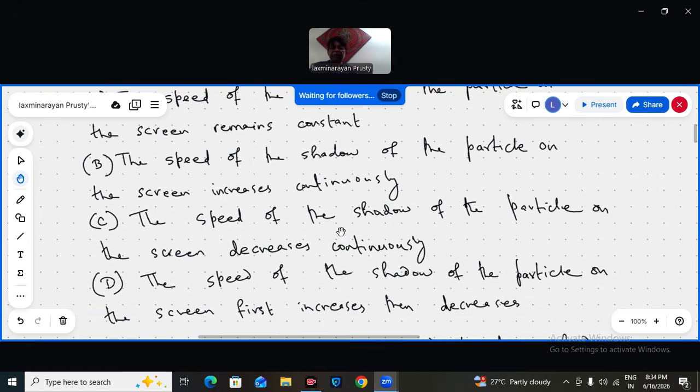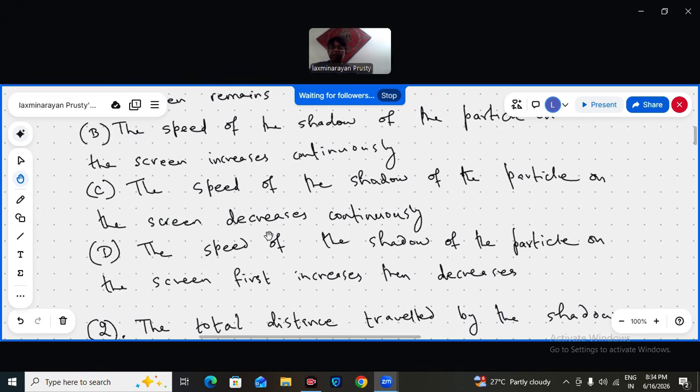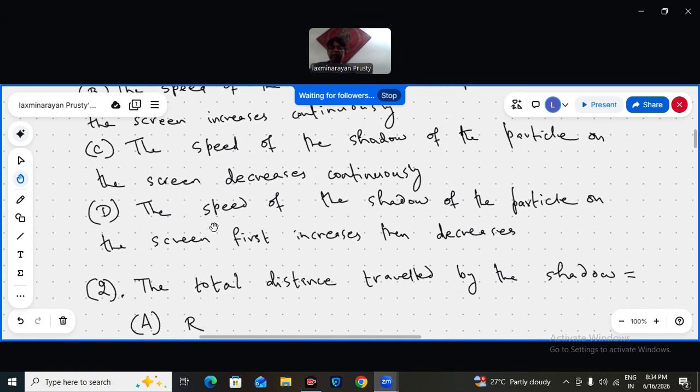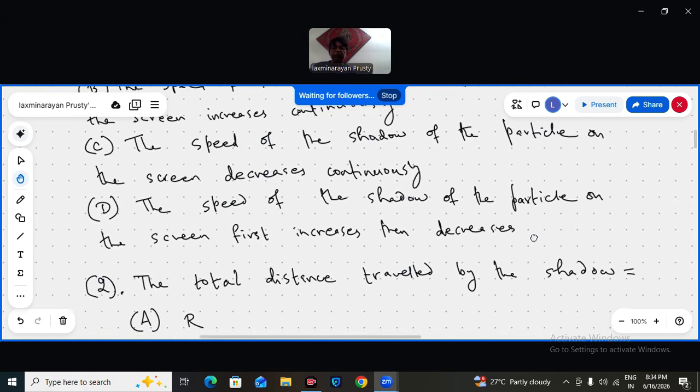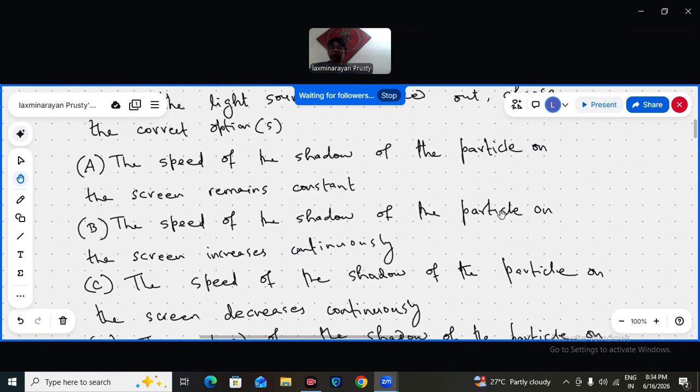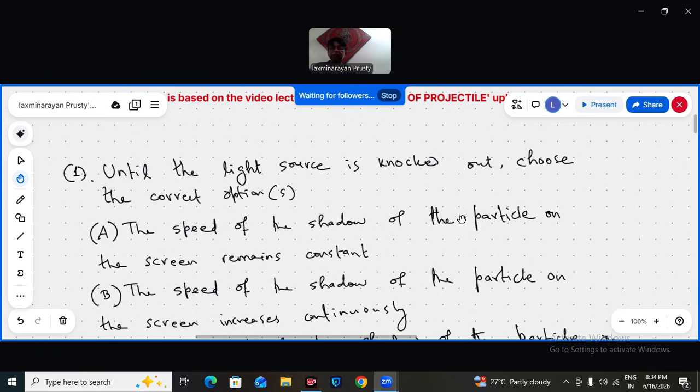C, the speed of the shadow of the particle on the screen decreases continuously. D, the speed of the shadow of the particle on the screen first increases, then decreases. So I have given four options A, B, C, D. Which is the correct one? This is question number 1 on this paragraph.